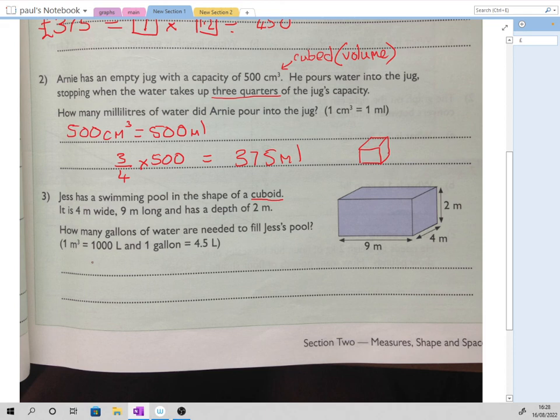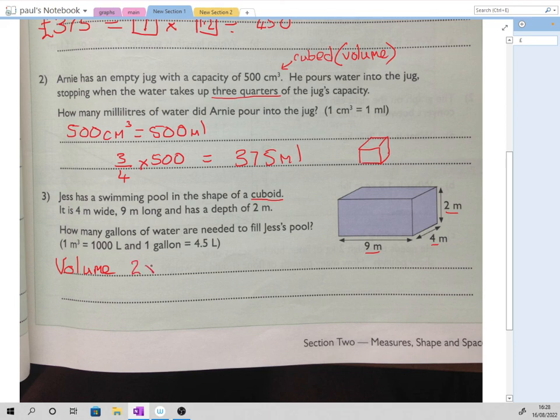So we've got some information here that says 1 cubic meter is 1,000 liters, and 1 gallon is 4.5 liters. Right. So first of all, we need to work out the volume. And to work out the volume, we're going to just multiply these three numbers together. This will come in a later lesson as well.